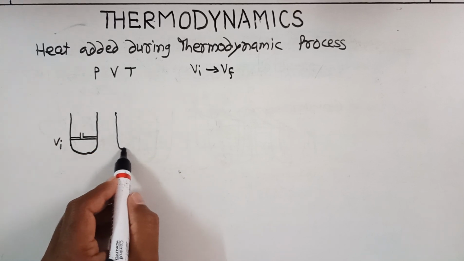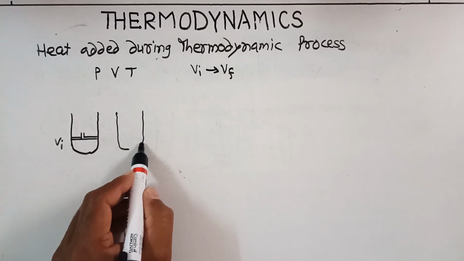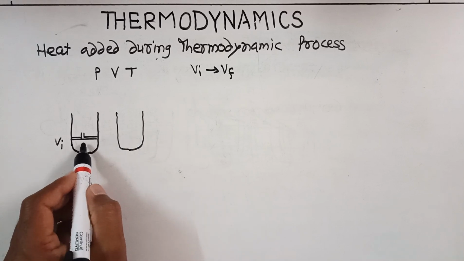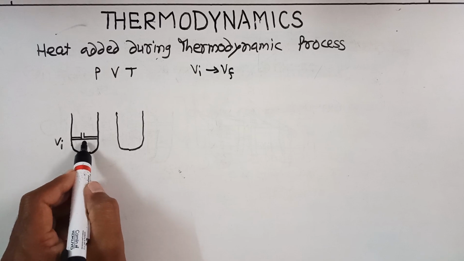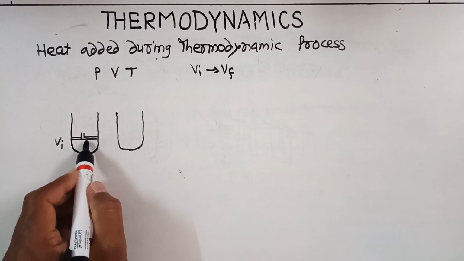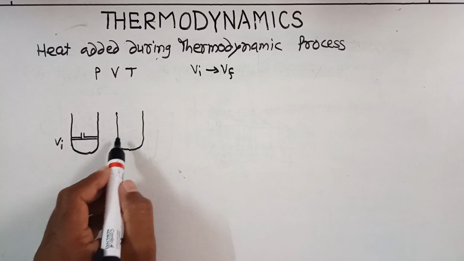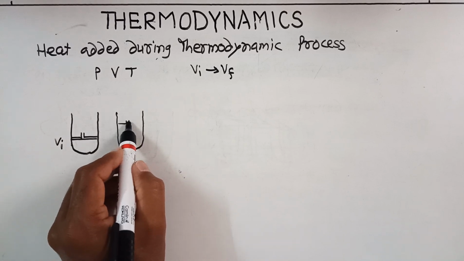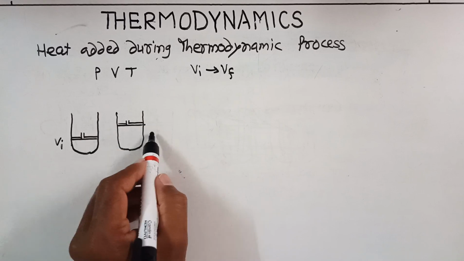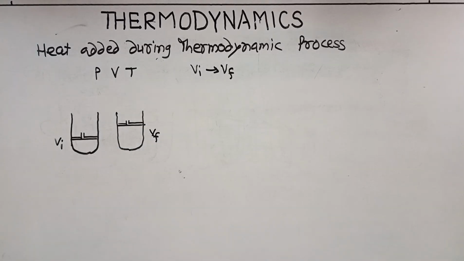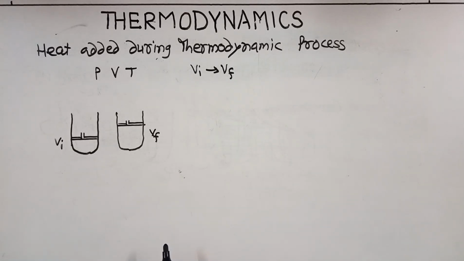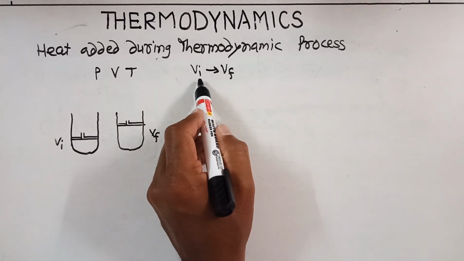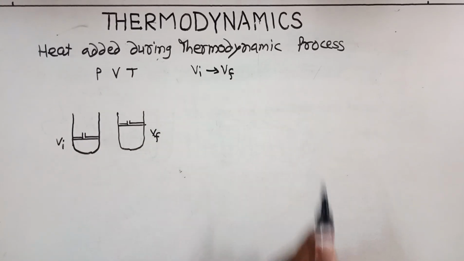Now with the help of an external source, we supply heat so that the gas starts expanding slowly, and as it expands, it exerts force on the piston, and the piston moves in the upward direction to the new position. In this new position, the volume of gas is Vf. In this process, heat is absorbed by the system and work is done by the system. The state has changed from volume Vi to Vf.